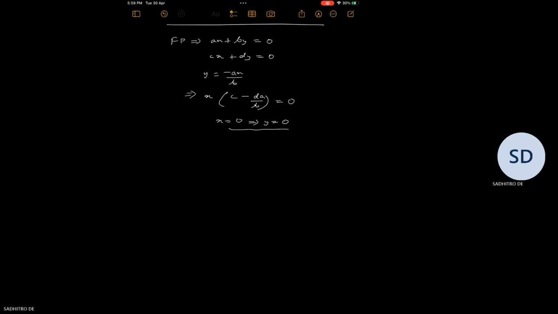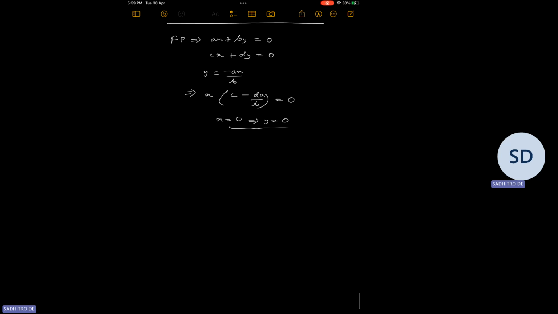So therefore, the next question is what is the stability of the fixed point? In order to analyze stability, we have to basically find out the eigenvalues of the matrix.